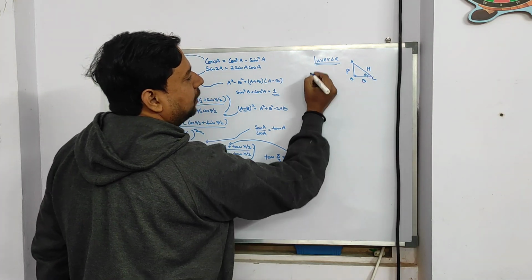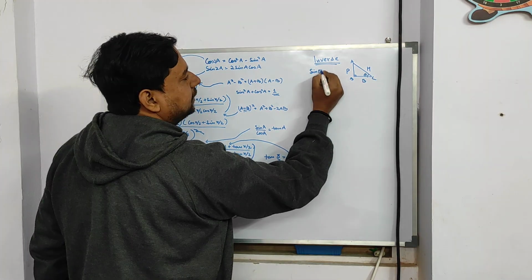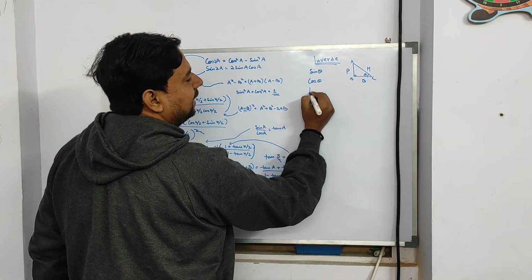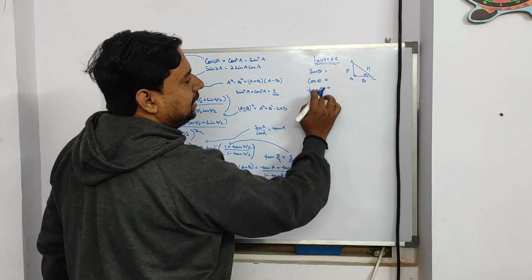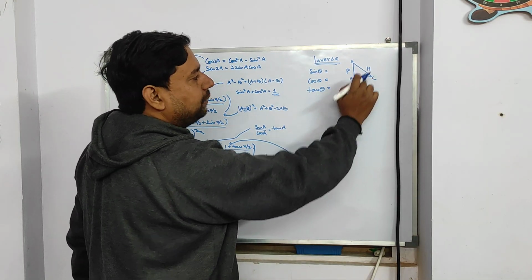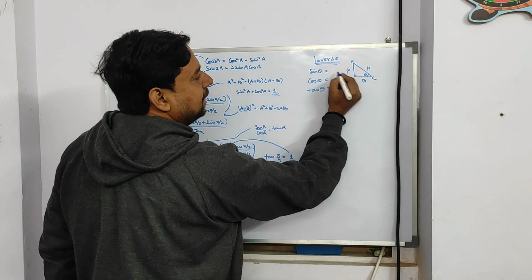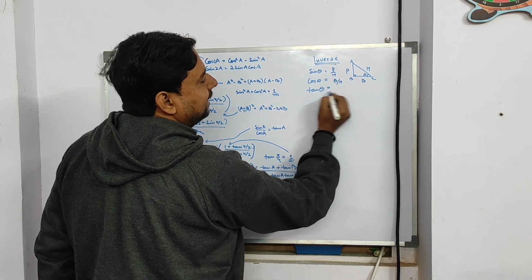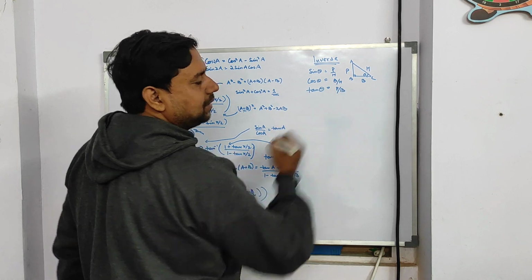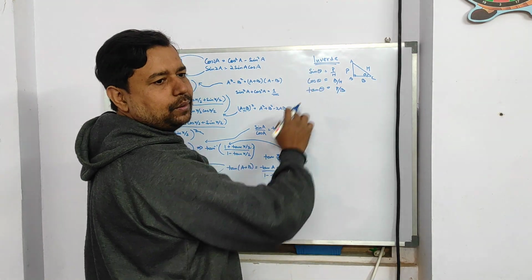Let this angle be theta. So for any trigonometric function, sine theta, cos theta, tan theta, we take that basic one. So these represent the ratios of the corresponding sides. Sine theta is perpendicular upon hypotenuse, cos theta is base upon hypotenuse, and tan theta is perpendicular upon base, because tan theta is sine upon cos.